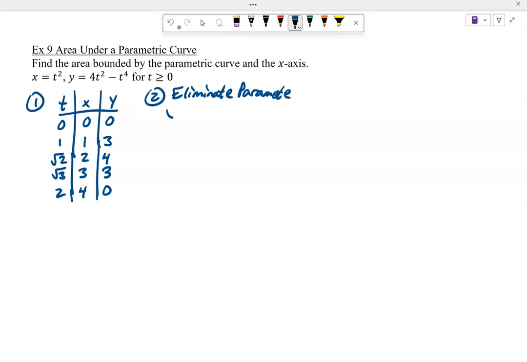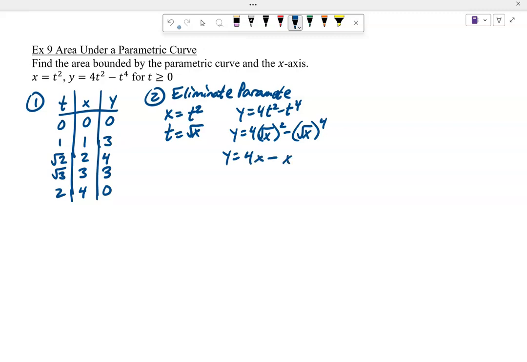If x equals t squared, t is the square root of x, and then y is 4t squared minus t to the 4th. So y equals 4, t is root x, to the 4th. And so y is 4x minus x squared.